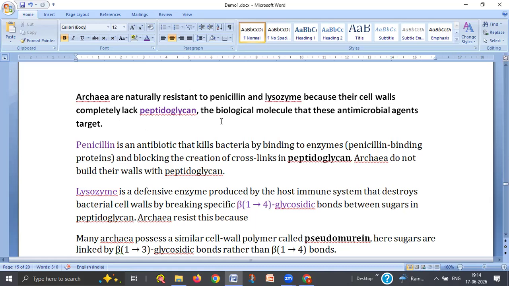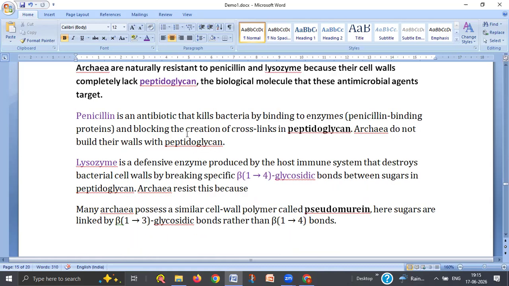Acidophilic bacteria can grow even in highly acidic conditions. And those in high temperature conditions are called thermophiles. So they are all included under archaea. They have a cell wall, but in their cell wall there is no peptidoglycan, there is no muramic acid, there is no NAM, there is no NAG.